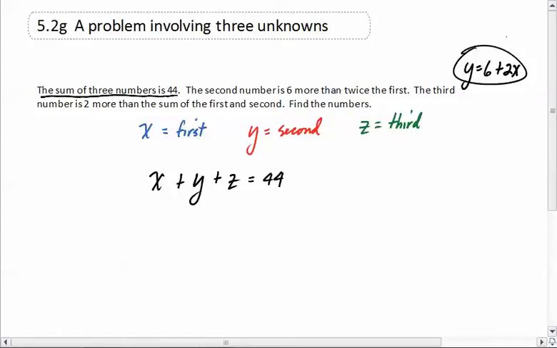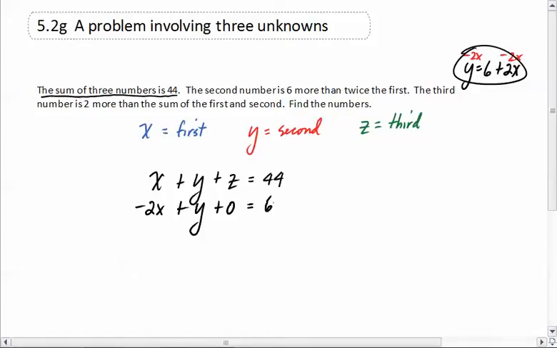So I'm going to move my 2x over. This is part of me setting up my problem. So I have negative 2x, and then I have plus y. I don't have any z's there, so I'm just going to put a plus 0. You don't have to, but I'm going to do that, and that has to be equal to 6.